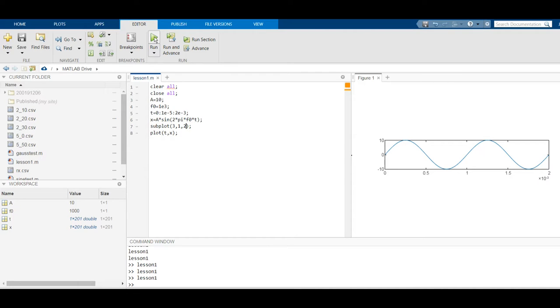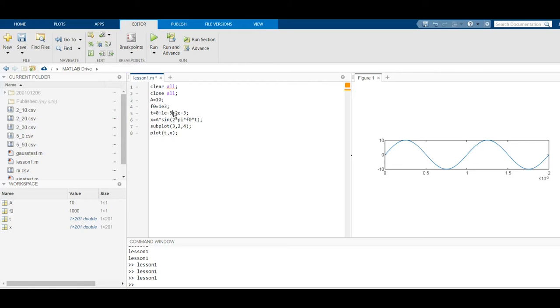As one more example of this, I'm going to show 3, 2, 2. What does this mean? I have a big figure containing 3 rows, 2 columns, and then where am I placing my current graph? Let me just randomly put it as 4. I know that there can be 6 graphs in that, so I'm saying keep my graph at the 4th position.